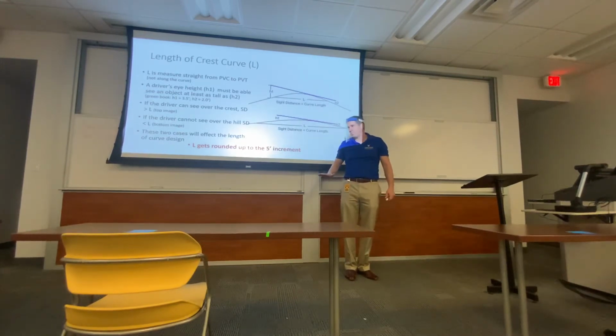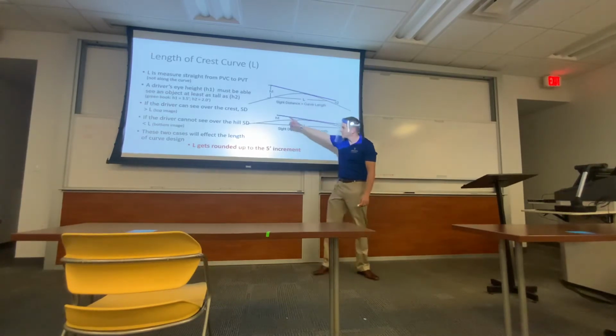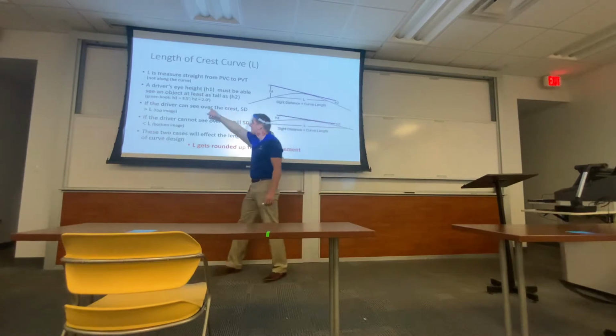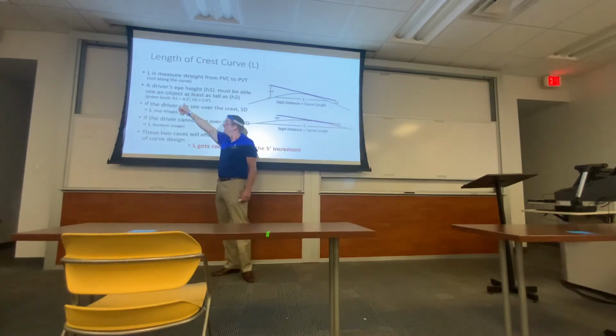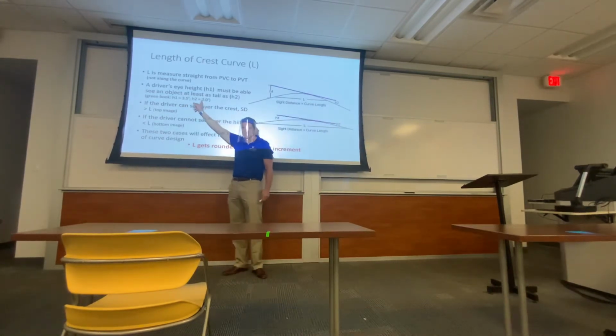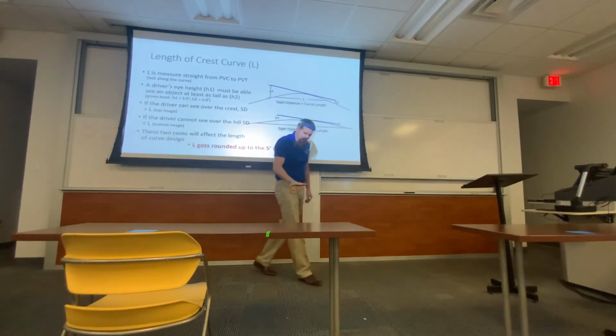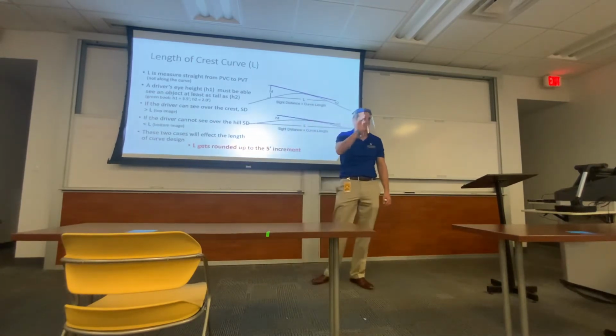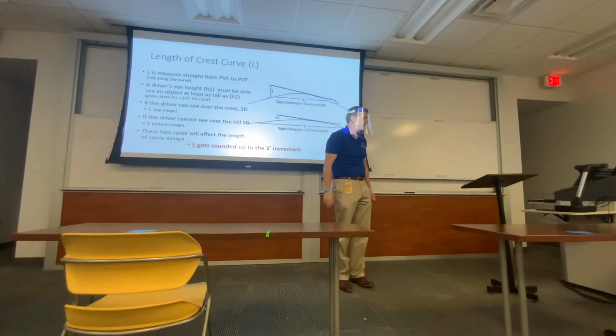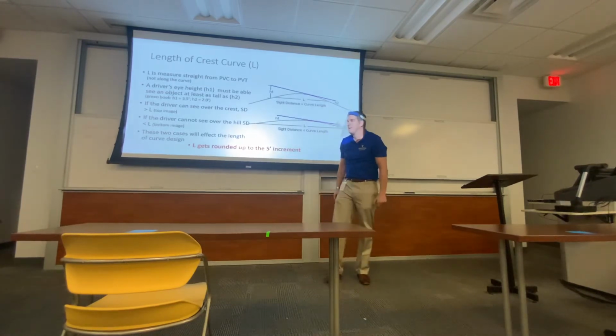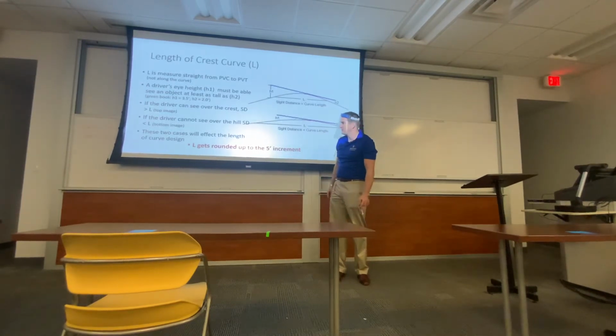That's probably a little low for most everybody, especially if you drive a truck. Even a little sporty car is going to be a little higher than that. So this represents the eye height, and this represents the object height. Someone whose eye level is here needs to be able to see something 2 feet off the ground, downfield. What does 2 feet represent?